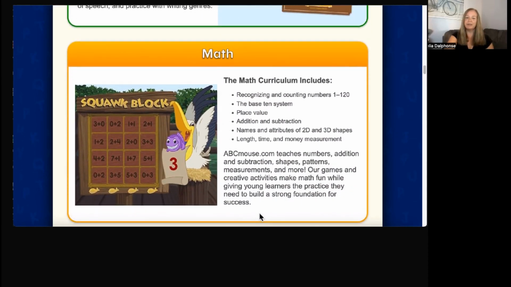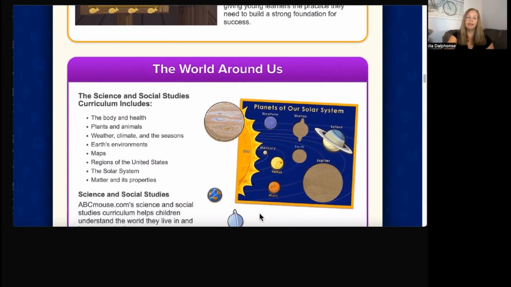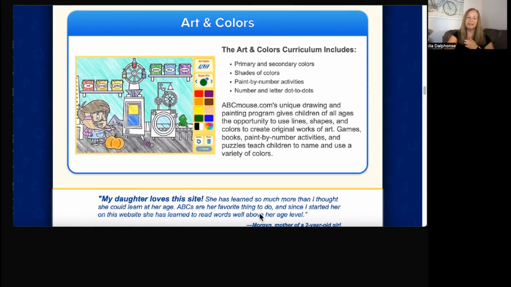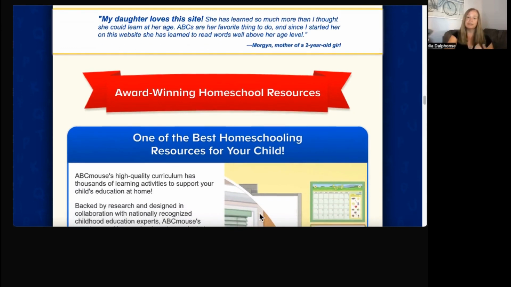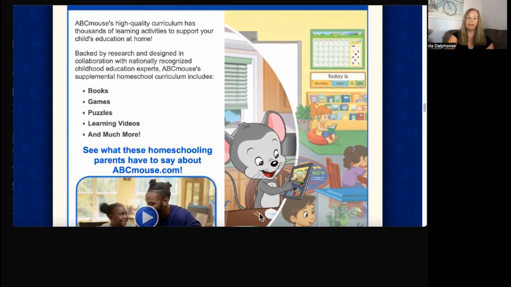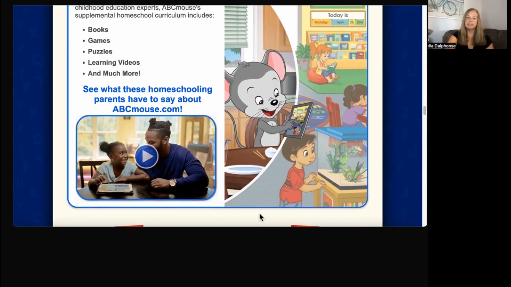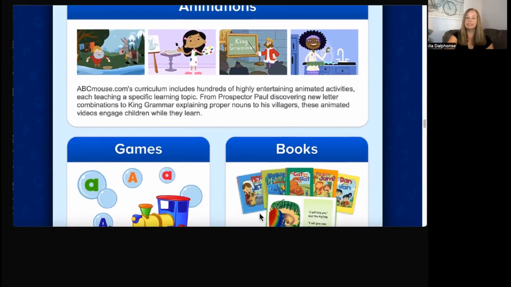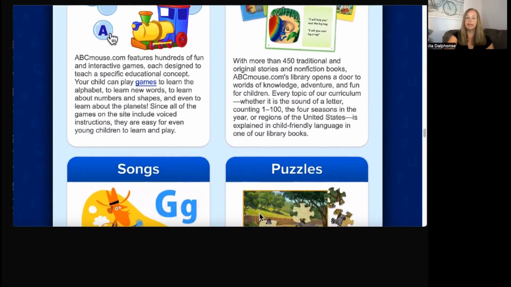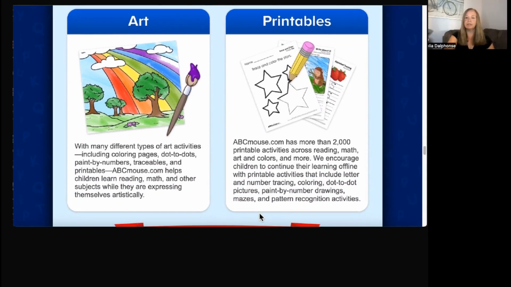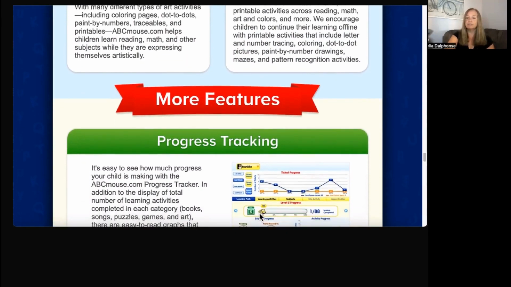It's actually very well known. And it covers a wide span of different subjects, including reading, math skills. You have some science and social studies activities, some arts activities. And they do market it as a great homeschooling resource.